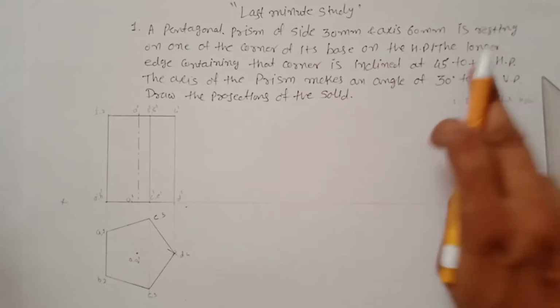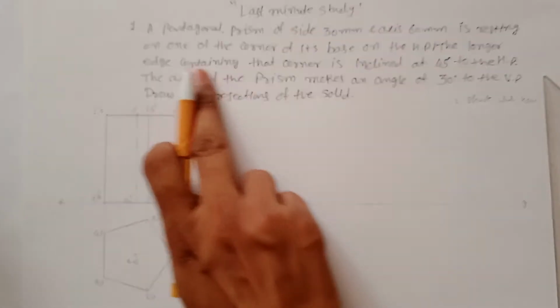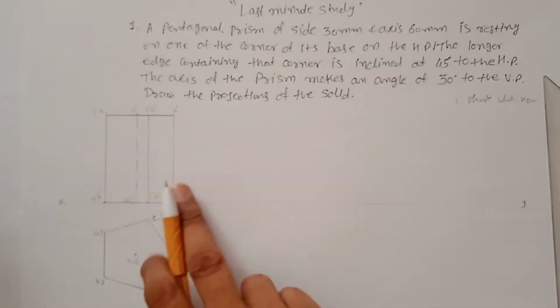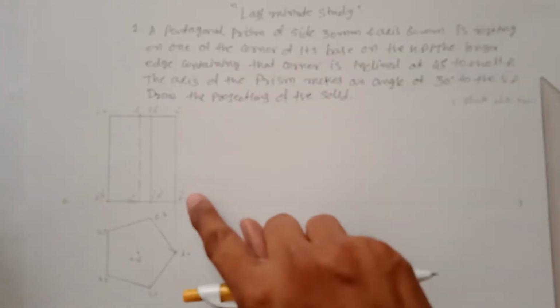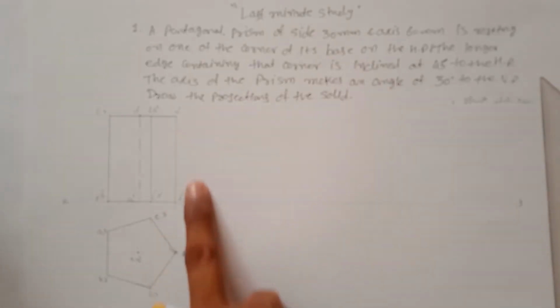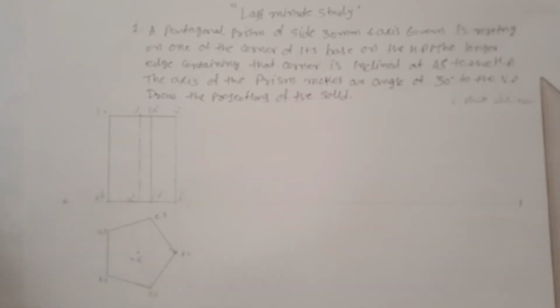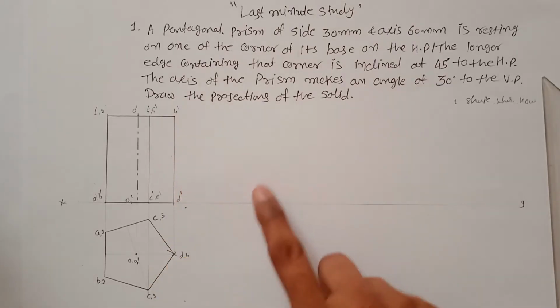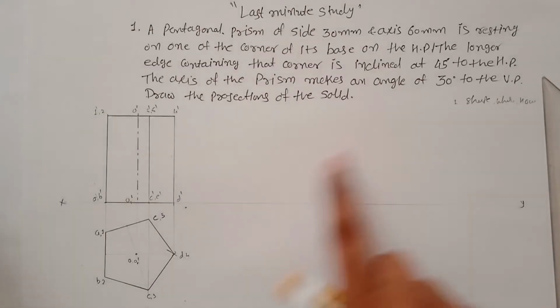Now the longer edge containing that corner is inclined at 45 degrees to the HP. The longer edge containing that corner, that means they are talking about this edge, because this is the corner they are talking about. This edge is inclined at an angle of 45 degrees with the HP. Right now it is at an angle of 90 degrees, so you have to make it 45 degrees over here.